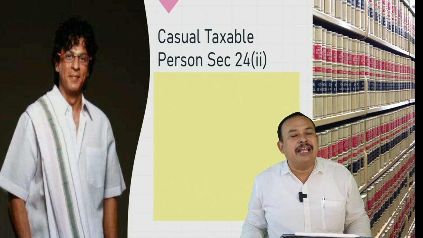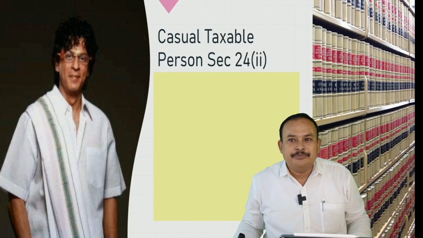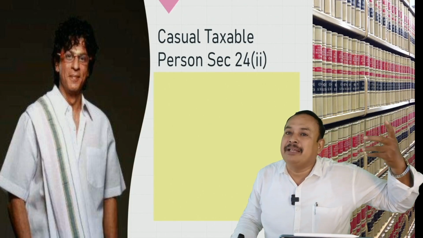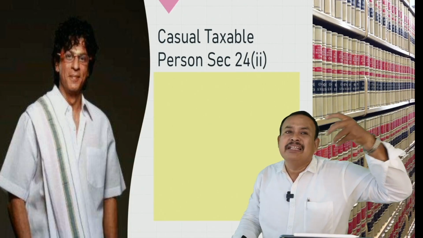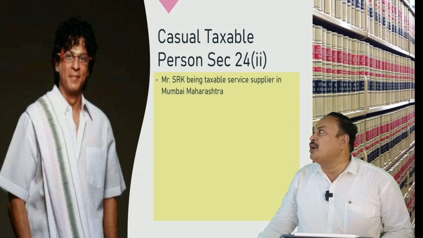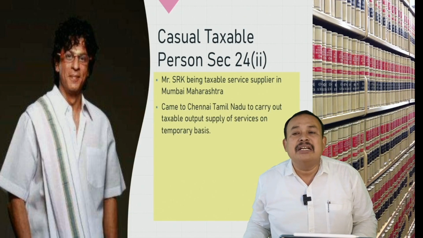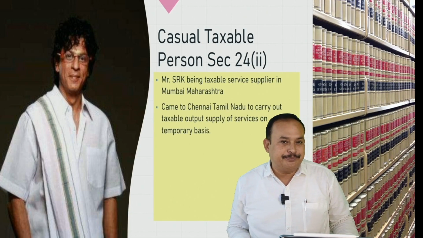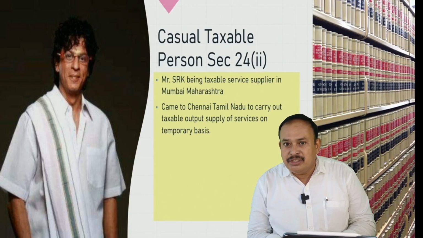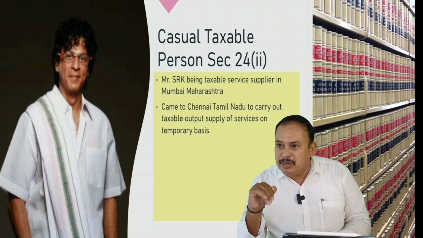He came to Chennai for a particular company ad shooting. He is carrying out his taxable supply of services temporarily in the state of Tamil Nadu. In Tamil Nadu, Mr. Shah Rukh Khan is known as a casual taxable person. Is it clear?